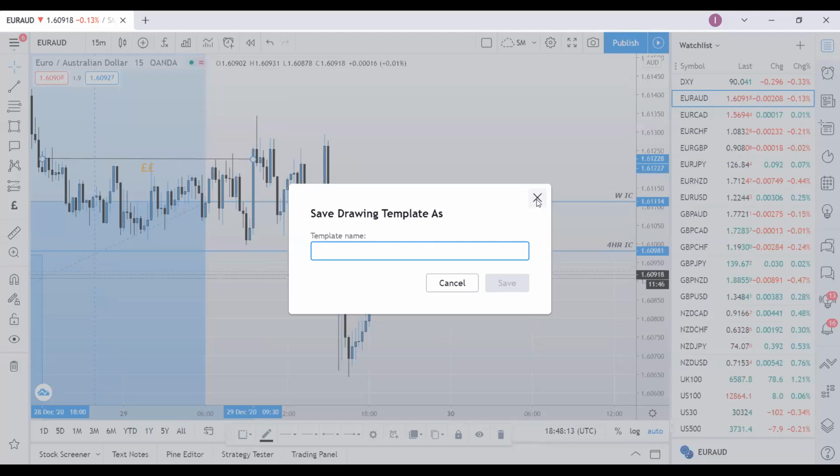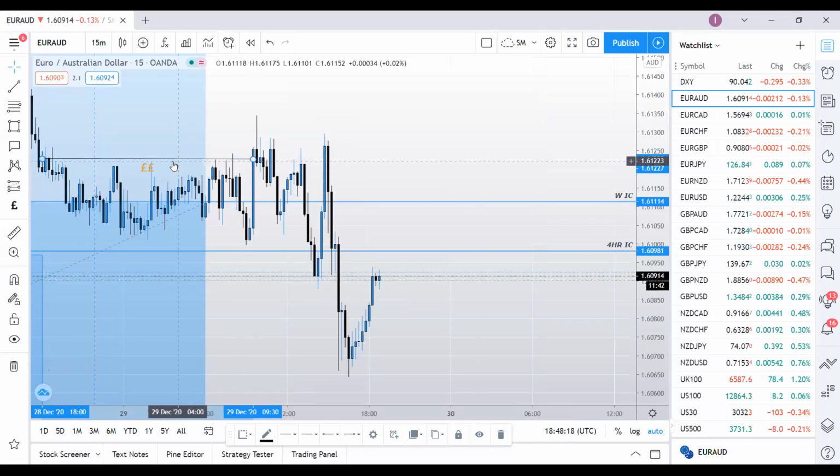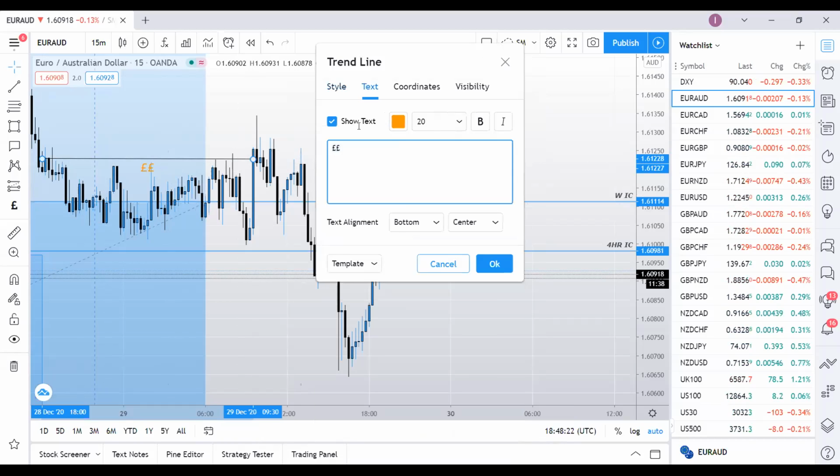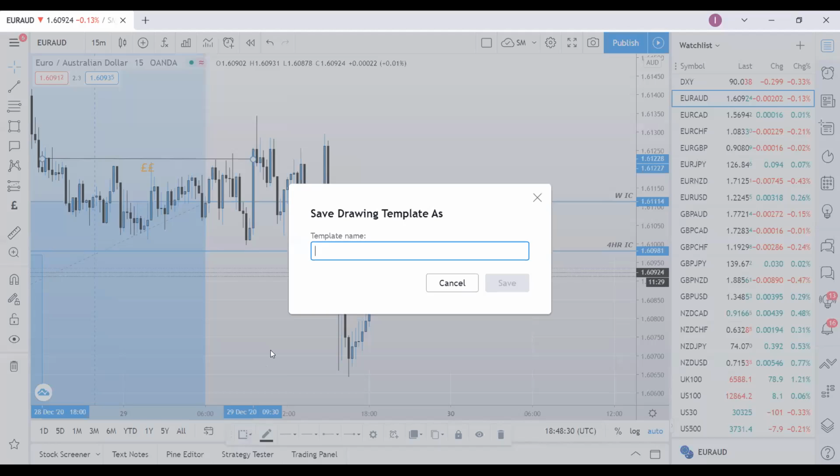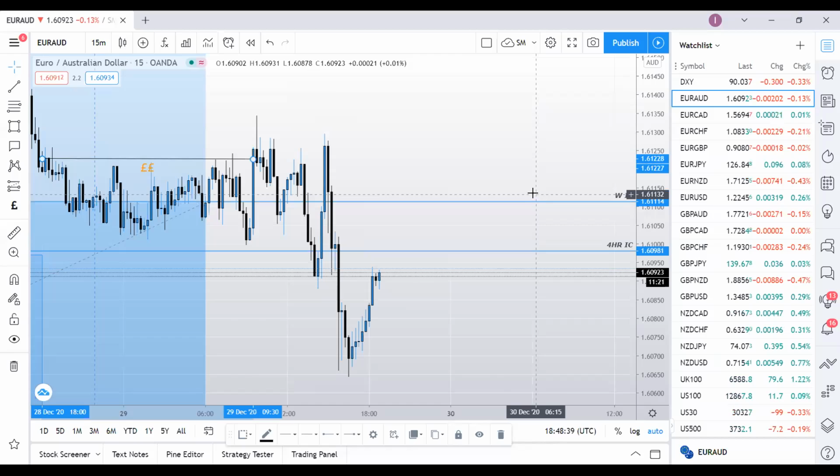So what you do is you draw the line, double click on the line, and then add the text you want to add. Then you do okay, and then you go here and you go save drawing template, and then whatever you want to name it. Oh, brilliant, that's a good one. Thank you. That saves a lot of time.